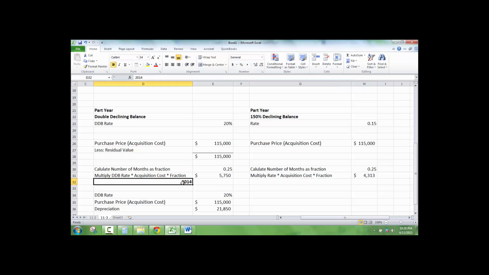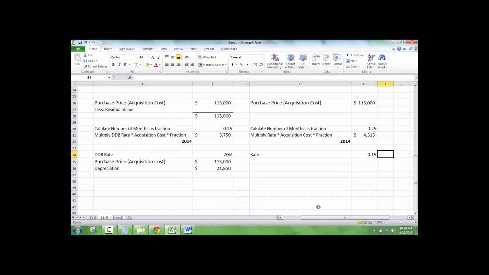in 2013. Now in 2014, we take the rate, purchase price, depreciation equals rate times purchase price minus prior depreciation.